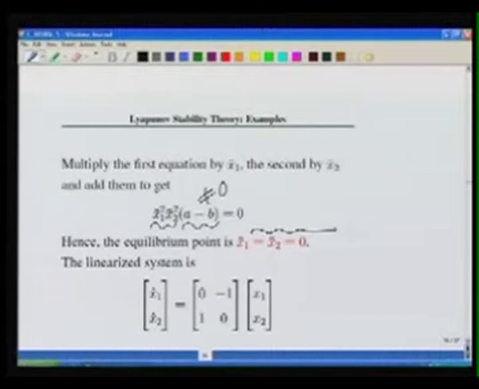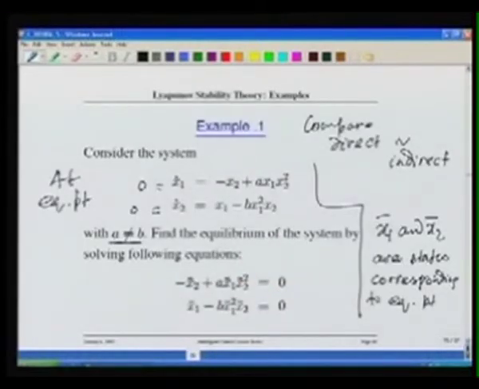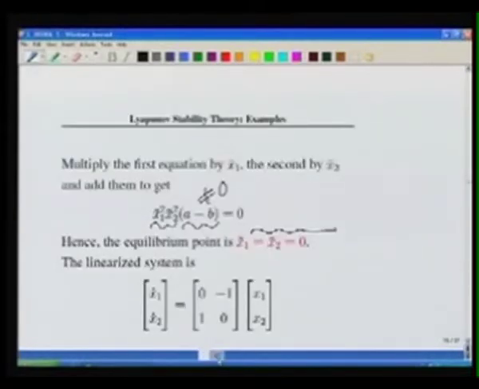If x 2 equals 0, then x 1 has to be 0. Similarly, if x 1 is 0, then this quantity becomes 0, so x 2 has to be 0. So, finally, the net result is that the origin, x 1 equal to x 2 equal to 0, is the equilibrium point.